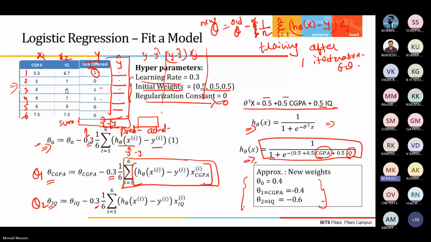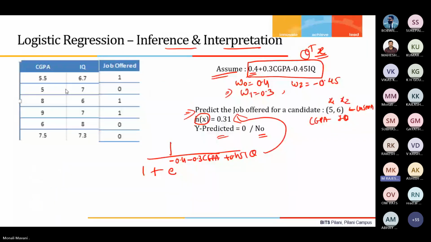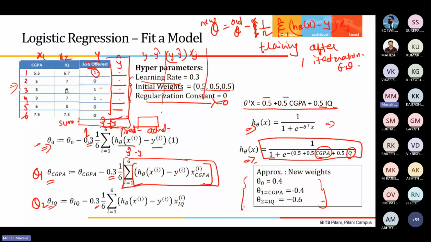Another thing, ma'am, in the formula it's x to the power i and y to the power i, right? But why are we calculating y minus y hat? In your formula it's the hypothesis of x to the power i minus y to the power i, but in the column we have only y minus y hat. It's the same thing that is mentioned in the formula.